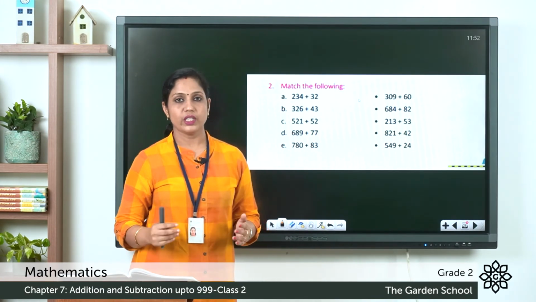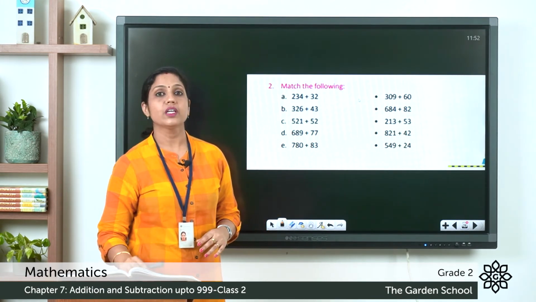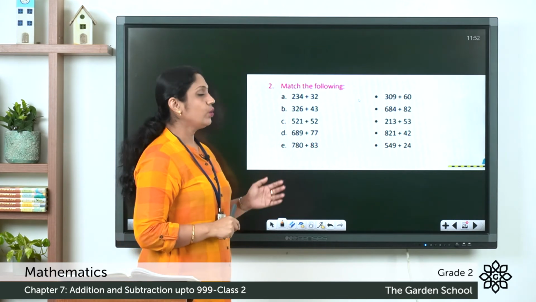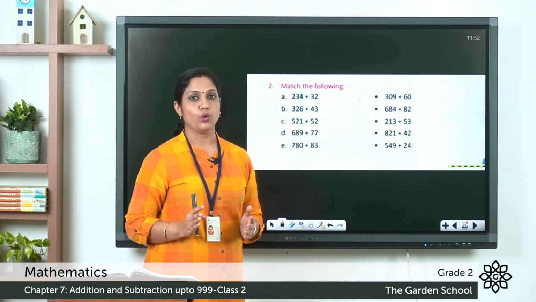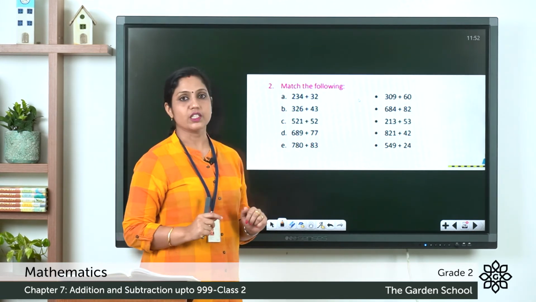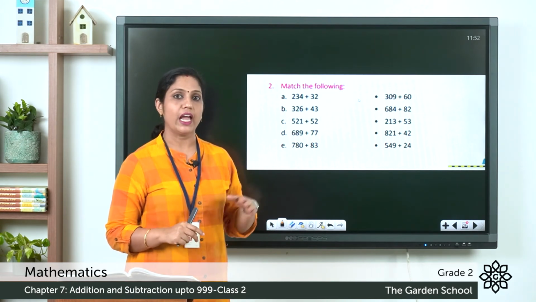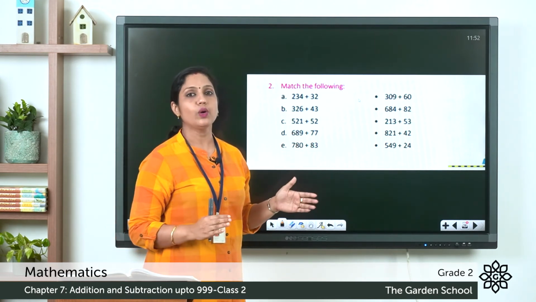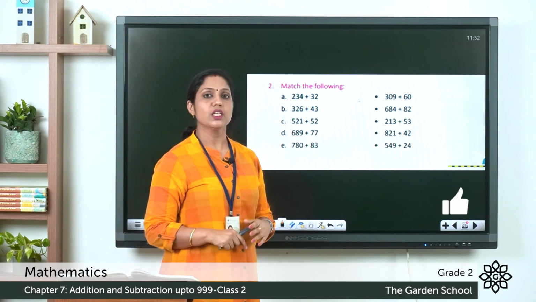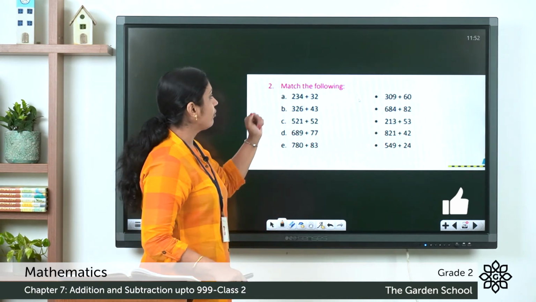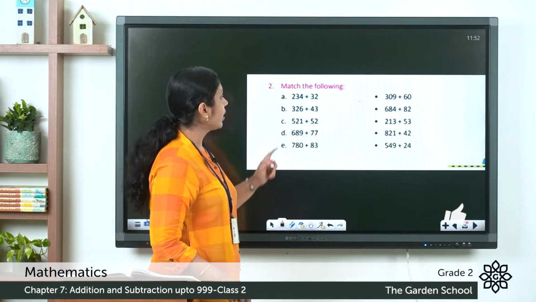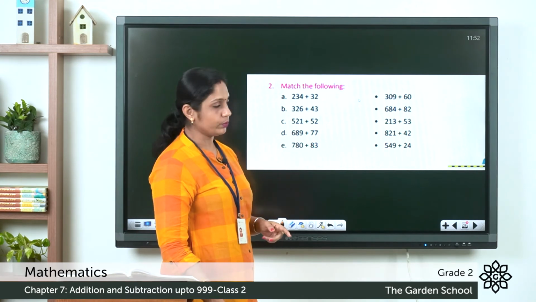Now moving on to the next question, you have match the following. So for doing this, you can take down your notebook and write all the questions. You have to first add the following, add all the questions, and only then you will be able to match it. So now let's check. Here you have question number A, 234 plus 32.